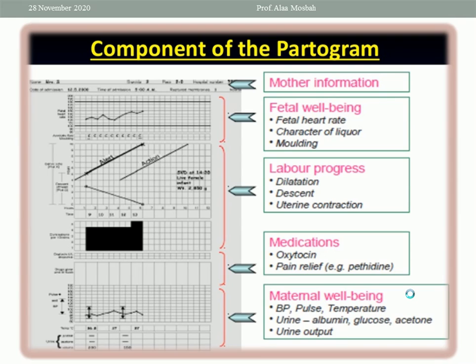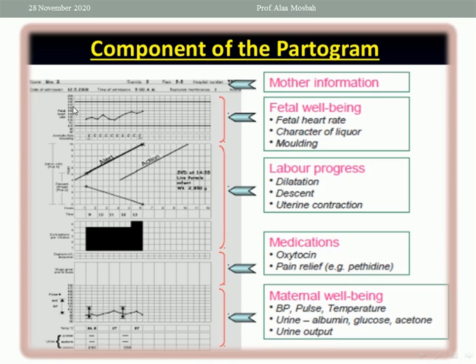So look at the components of the Partogram while you are looking at this picture. The top of the paper is information about the mother: the name, the age, the gravidity, the parity, the hospital number, the date and time of admission, and the time of rupture of membranes. This upper part belongs to mother information.